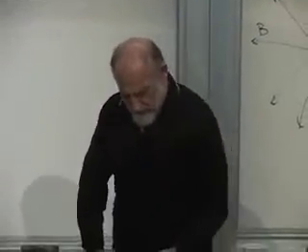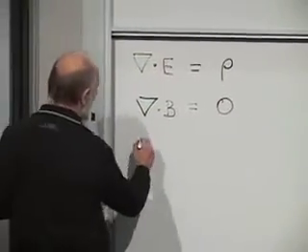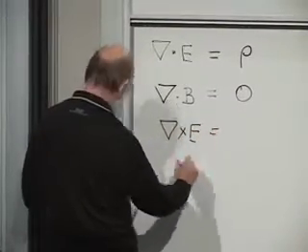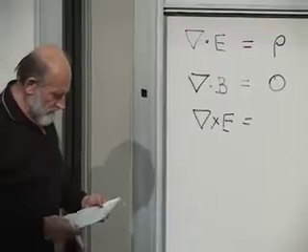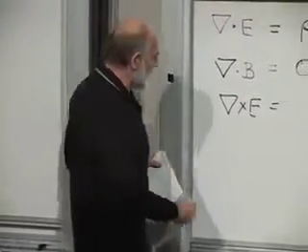All right, now we also have equations for the curl of the electric field. Now what's the curl of the electric field equal to? The time derivative of the magnetic field.